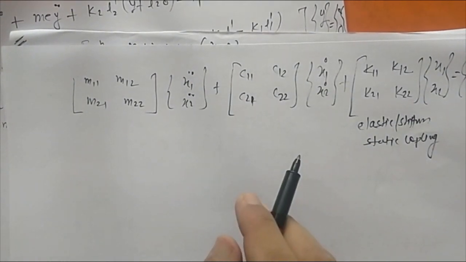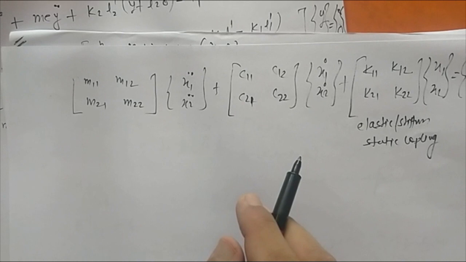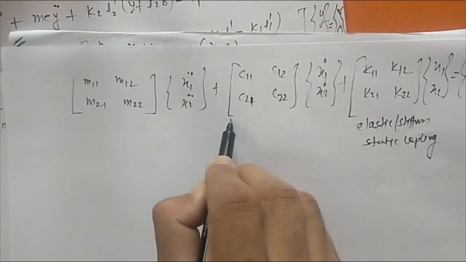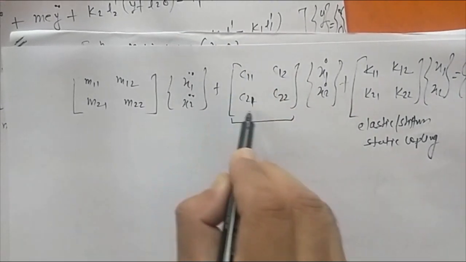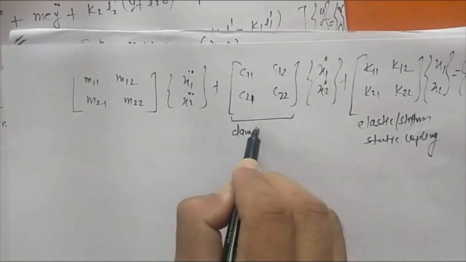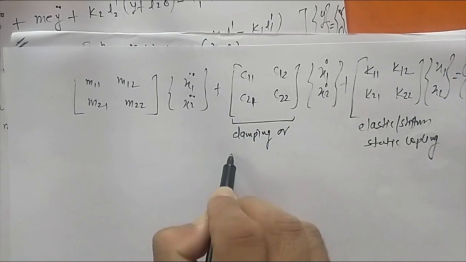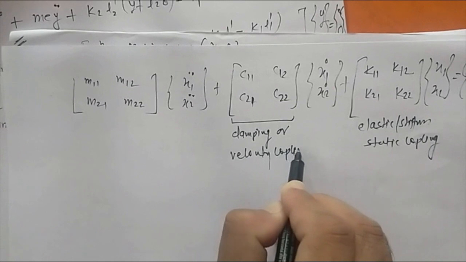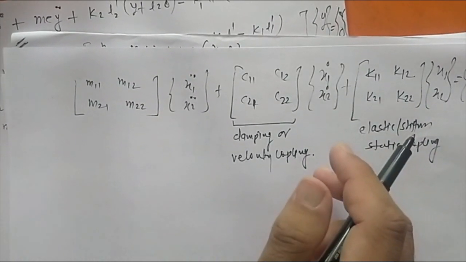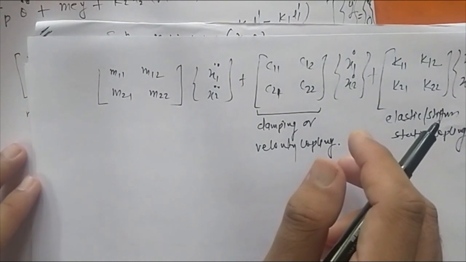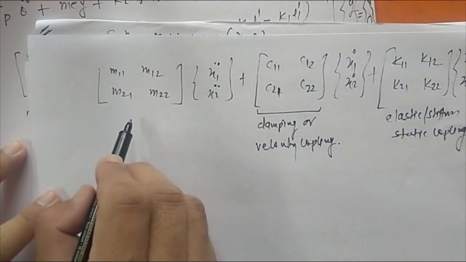If the damping matrix is non-diagonal, then the system has damping or velocity coupling. This is known, if this matrix is non-diagonal, then damping or velocity coupling. And if the mass matrix is non-diagonal, then the system has inertia coupling or mass coupling.